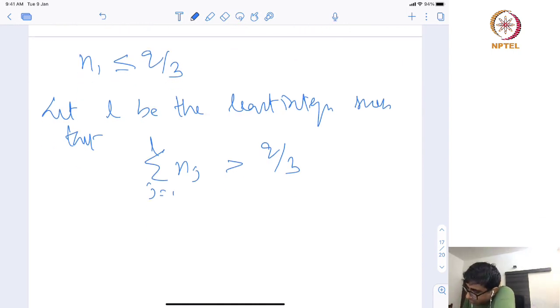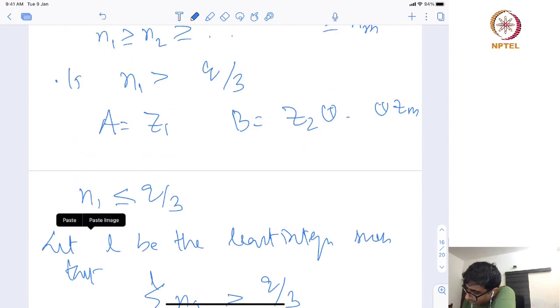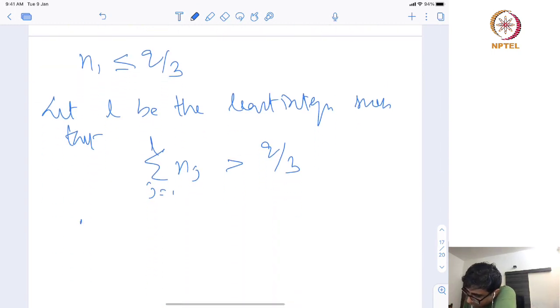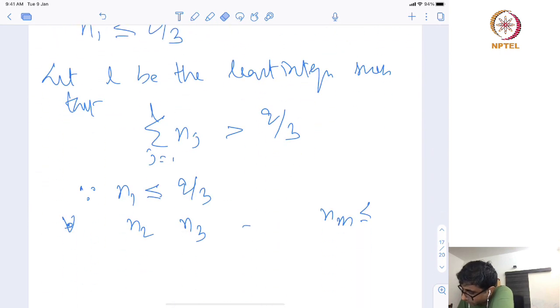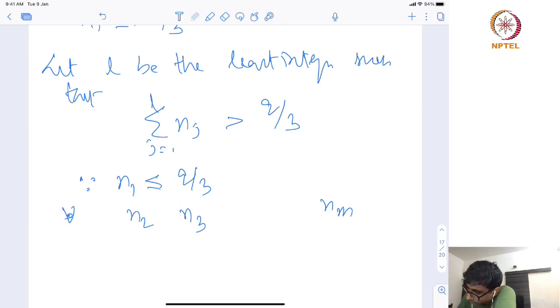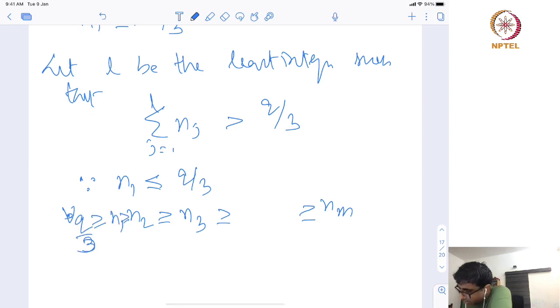First of all, since N1 is less than Q over 3, what do we know? All of N2, N3, up to Nm, every number is at most Q over 3.